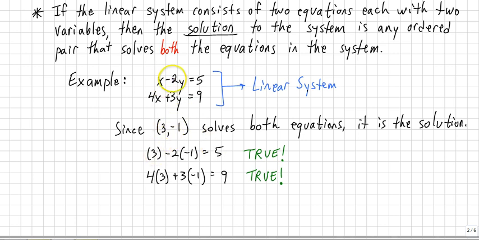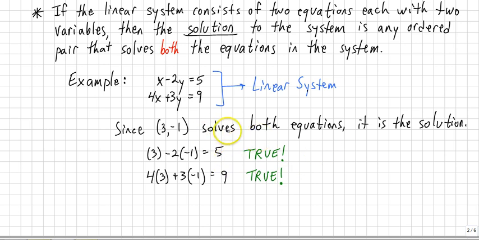If I plug 3 into the first equation, I get 3 minus 2 times, now we plug in the y coordinate, negative 1, equals 5. Well, that's absolutely true. 3 plus 2 is 5. So it does solve that first equation. And if I plug 3 in for x and negative 1 in for y in the second equation, I get 4 times 3 plus 3 times negative 1. That's 12 minus 3, which is 9. That's true.